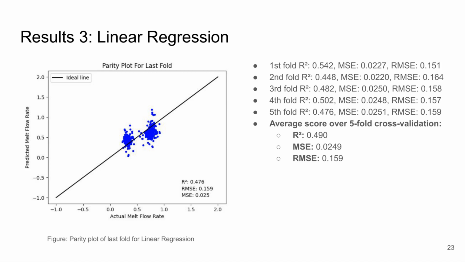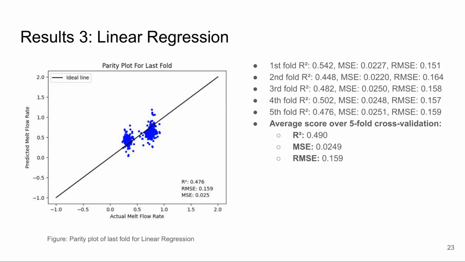The parity plot basically shows a straight line, which is the ideal line, where any points that fall perfectly on this line represent the model's predictions matching perfectly with the actual measurements. Any points above the ideal line indicate an overestimation by the model, and any points below the line represent an underestimation by the model.